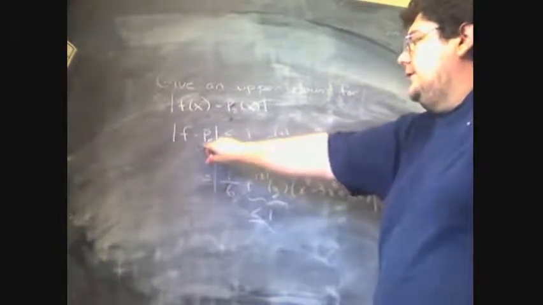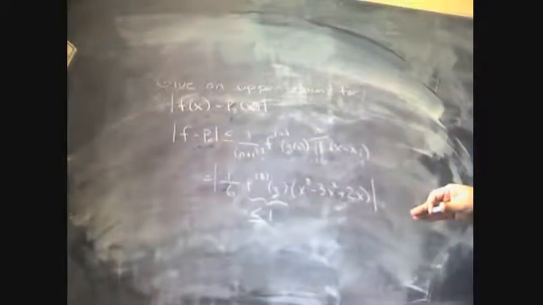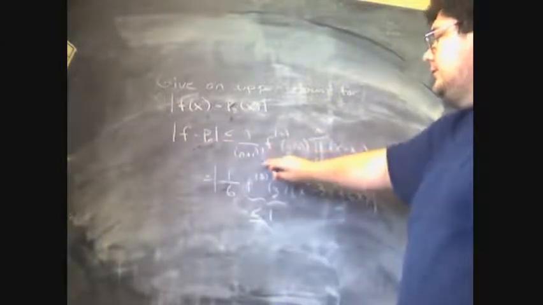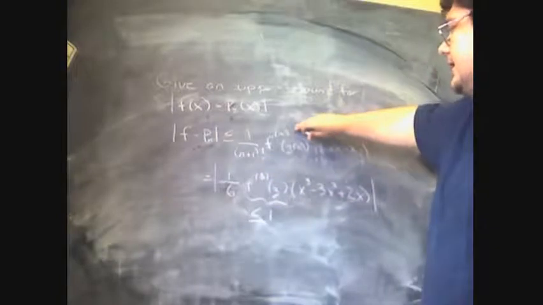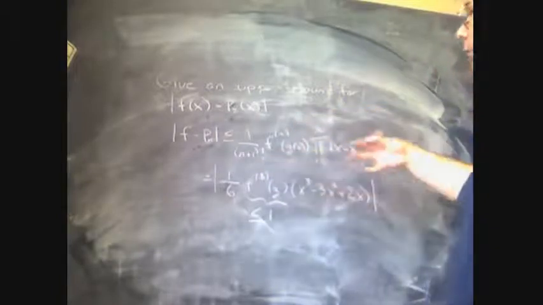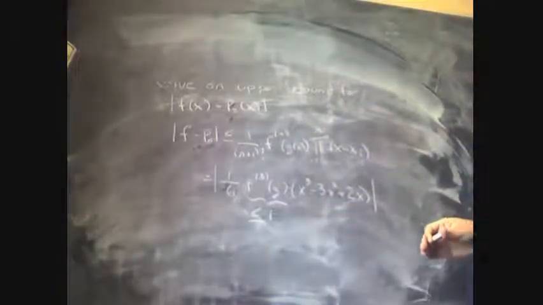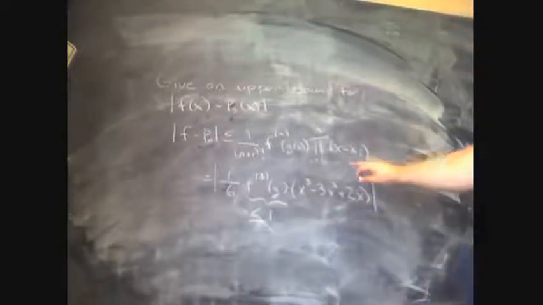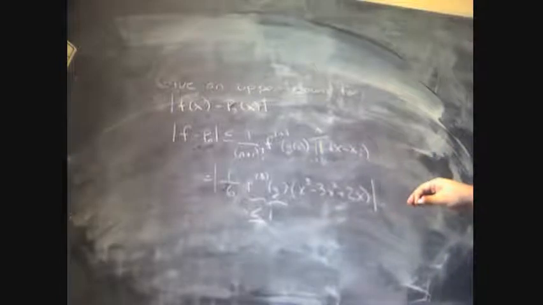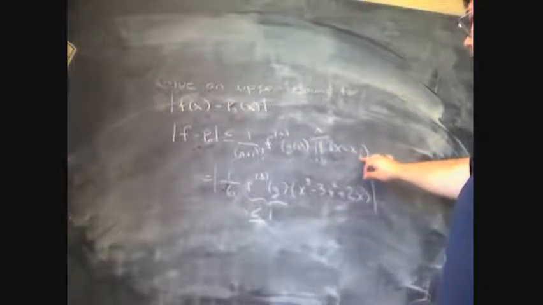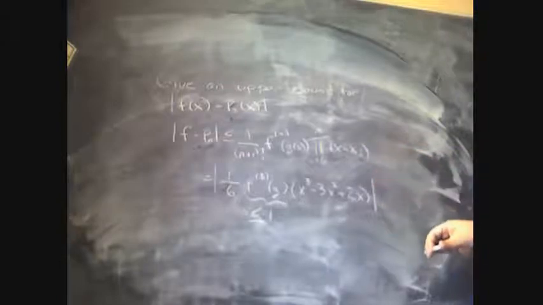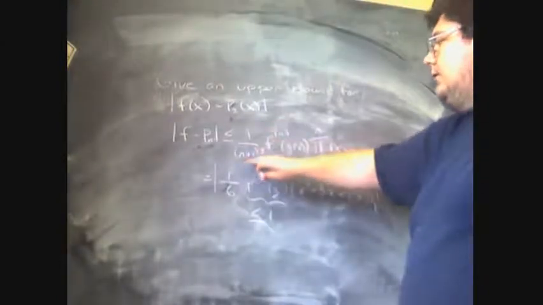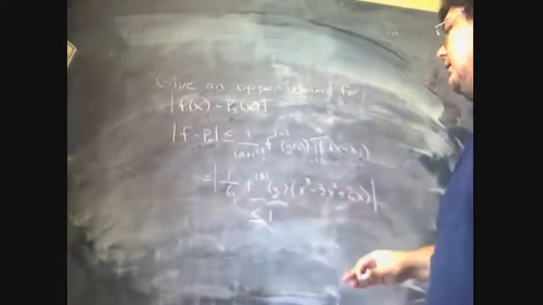For a given polynomial of degree n, we take 1 over (n+1) factorial times the (n+1)th derivative of f at some point z within our domain, because we don't actually know where it is, but it's got to be in there somewhere, times the product of x minus our domain points, which were 0, 1, and 2 in this case. So 1 over 3 factorial is just 1/6.